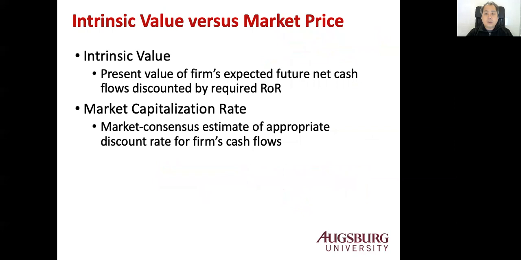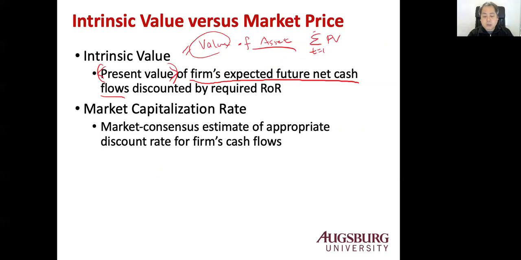So what is the intrinsic value? Intrinsic value is the true value, like the value of an asset. And the value of an asset is basically the present value of the firm's expected future net cash flows. So we need to find the present value. The sum of the PV of cash flow at time T, up to a certain period, here actually infinity, because the firm lasts forever.